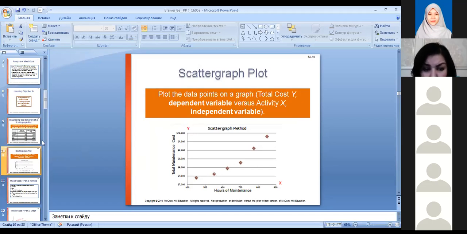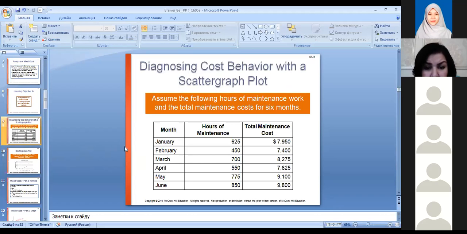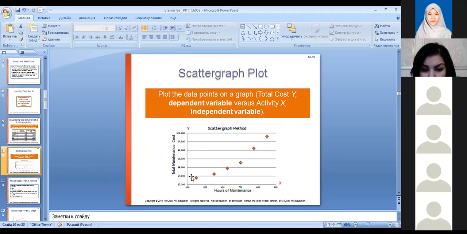So this point. By doing this, we have 6 months, and we have plotted 6 points. You see here 6 points on our graph.